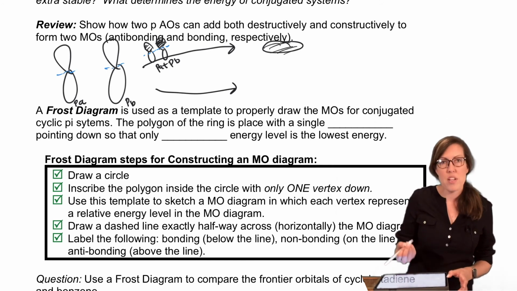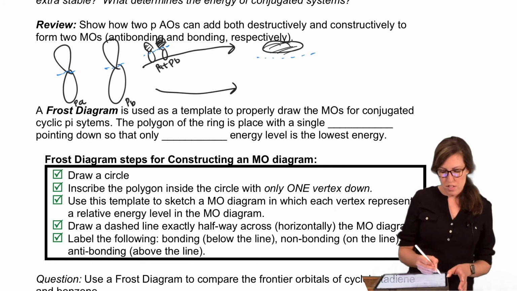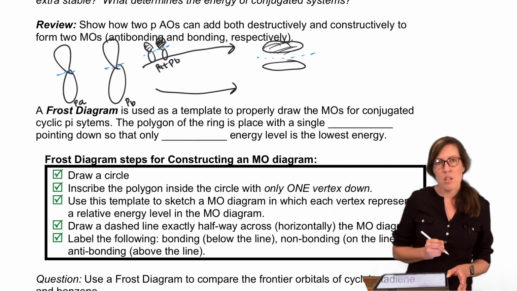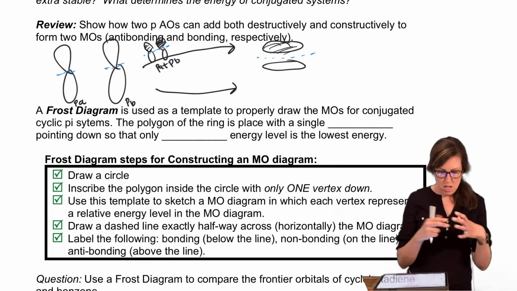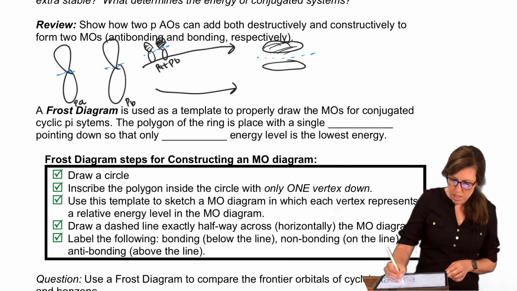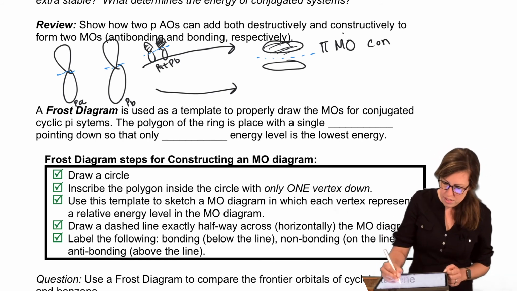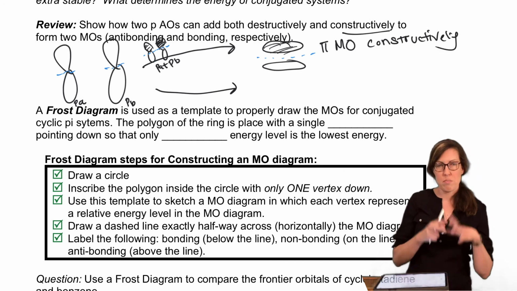All p orbitals have that node right there. So there's our nodal plane. That didn't increase the nodes. And then we have our blended p orbitals at the bottom to make our new molecular orbital, the pi MO. That's a constructive way to add them, because you made a bigger molecular orbital.